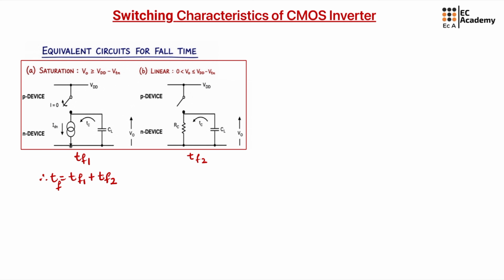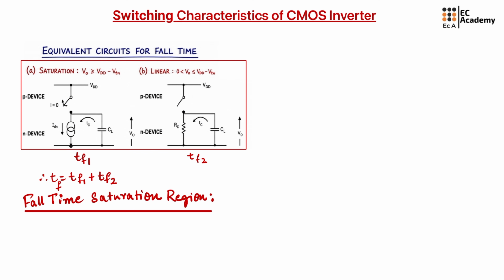Now let us understand these two regions separately. Now let us understand fall time in the saturation region. In saturation region, PMOS will be off, NMOS will be on, and it is represented by the current source IDN. The capacitor CL is connected at the output. The output voltage is measured across the load capacitor. Initially, the output will be very high.